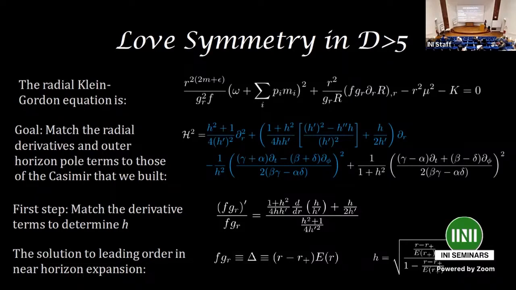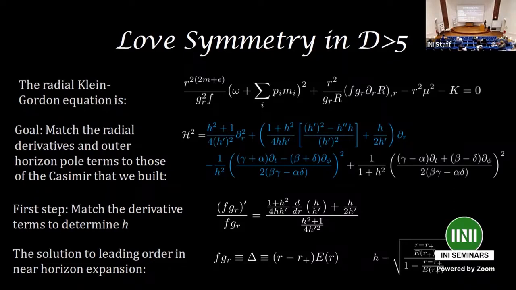So you need to approximate this E function, because these F and G's are just general functions. This is a very general metric. So in order to make this work in general, you need to expand this everything else near the horizon. So far we've done linear order to get this radial function, but probably quadratic order is needed.